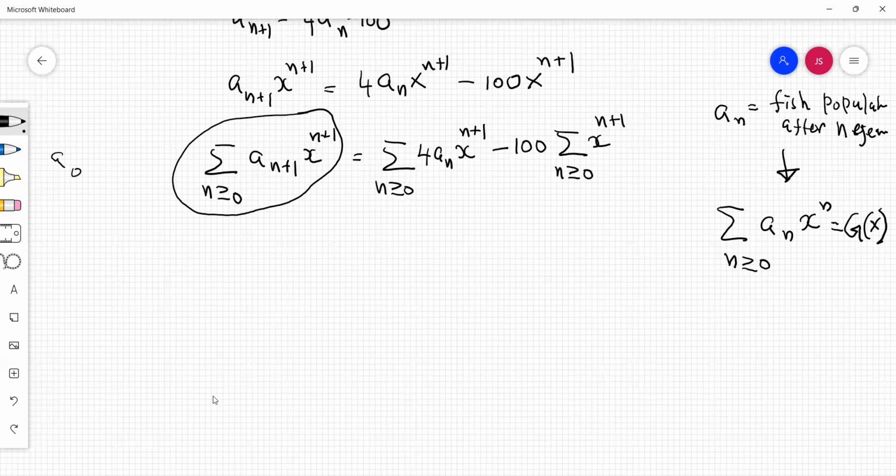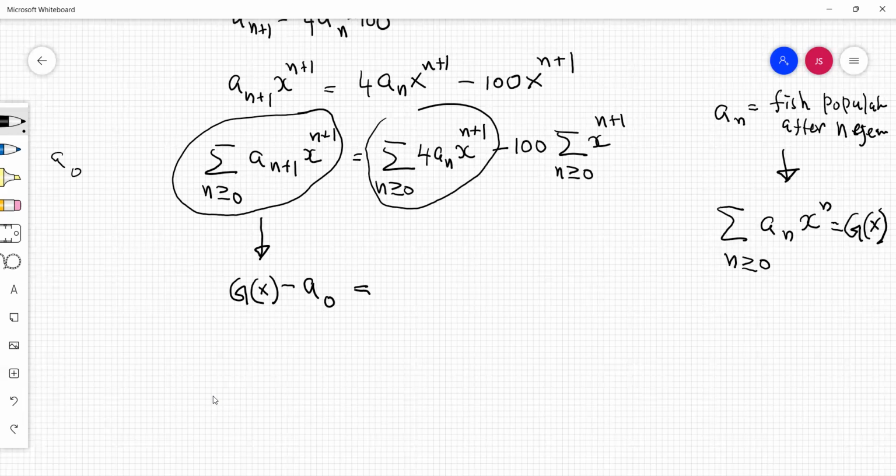So here, is this equal to g(x)? Can someone tell me, is this g(x)? If not, g(x) minus a_0. Yes, it is equal to g(x) minus a_0, right? What is this actually? 4g(x)? No, actually, no. Because we have the power x^(n+1).